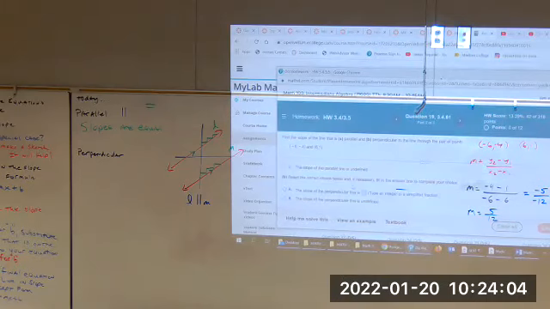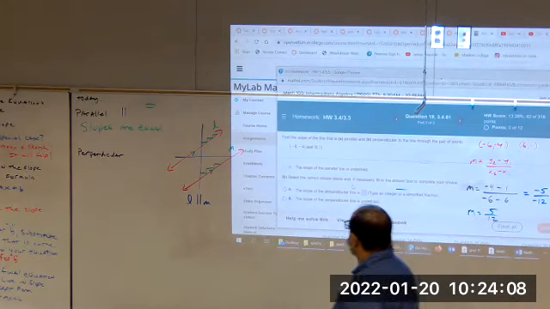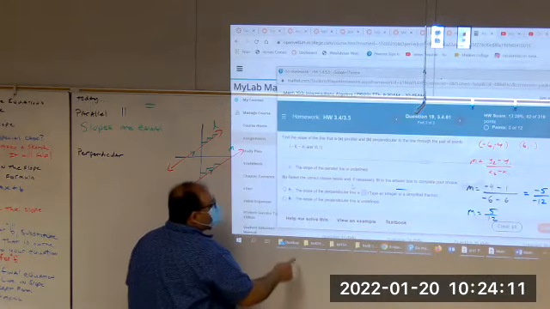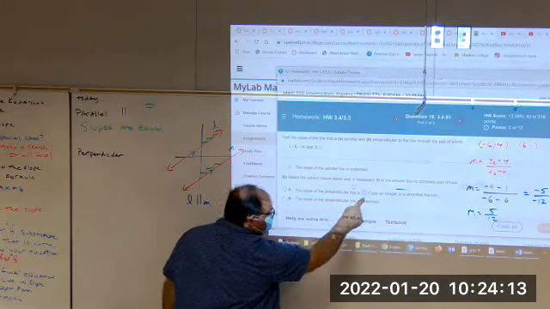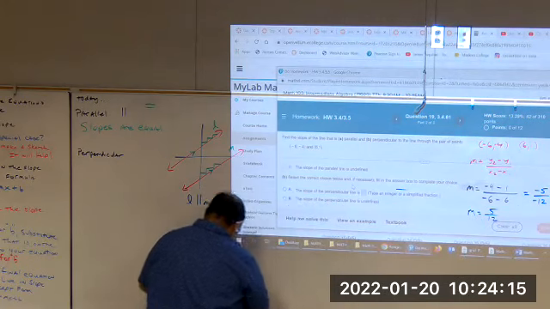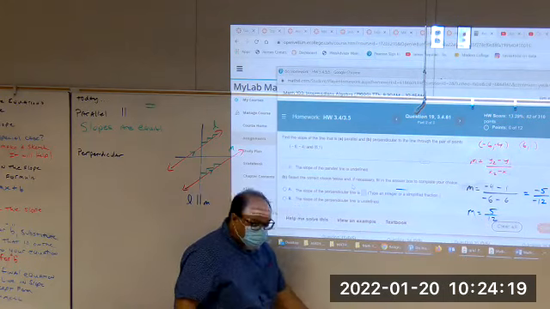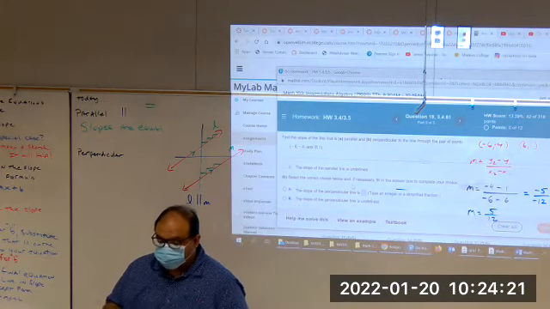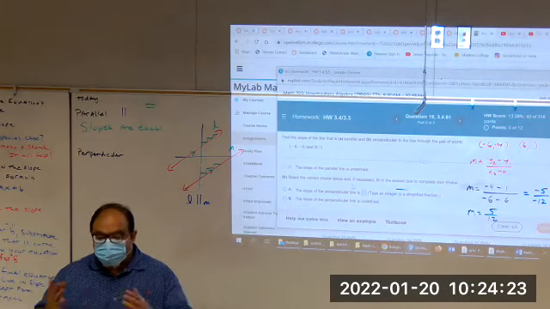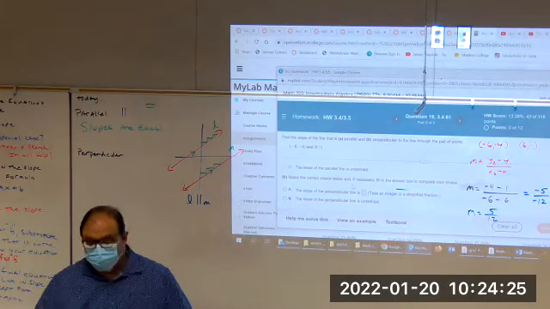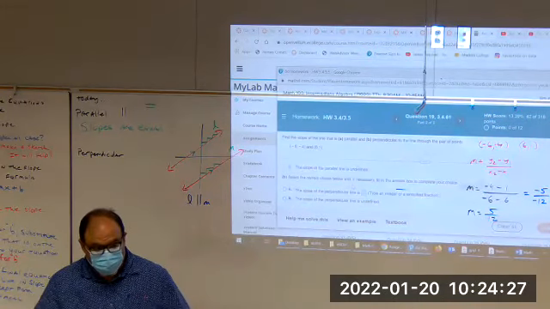And then part B. The slope of the perpendicular. Okay. Perpendicular lines make a right angle. Now, we've done horizontal and vertical, 0 and then undefined.